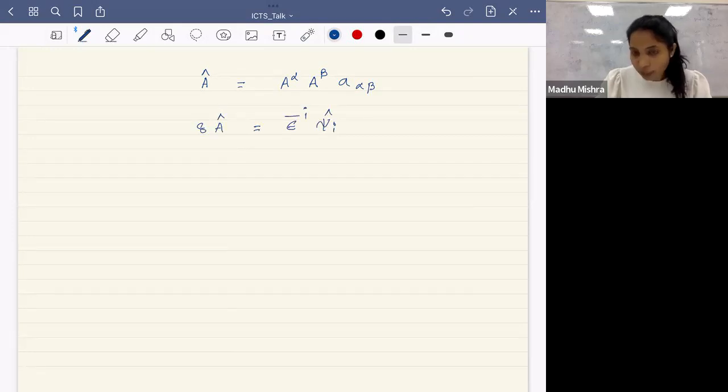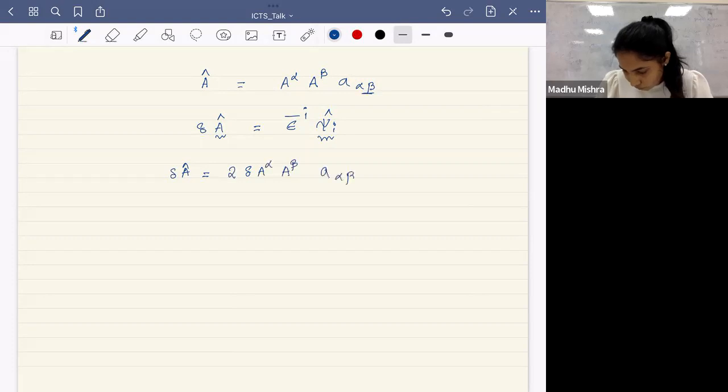Now we already know what this component is in terms of the Yang-Mills multiplet. We want to find out what this component is in terms of Yang-Mills fields. So we will do this transformation. This alpha beta is symmetric under exchange of alpha and beta, so this will be just 2. And we also know the transformation of Yang-Mills fields, which is this.